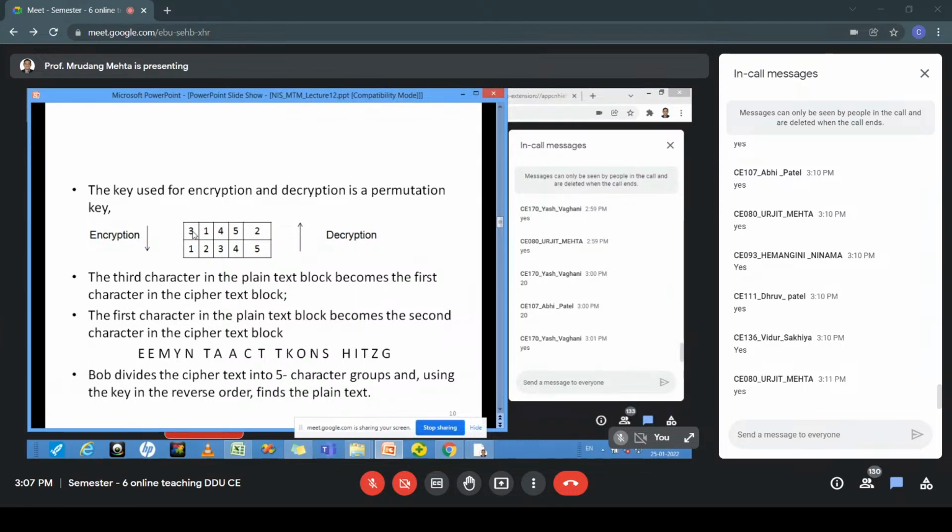So let us see it here. Decryption key is 25134. So what is set? First character. This first character. Key 2 means what? Decryption key 2 means what? 25134. What do you mean by 2 here? Can anyone tell? What is the meaning of 2?